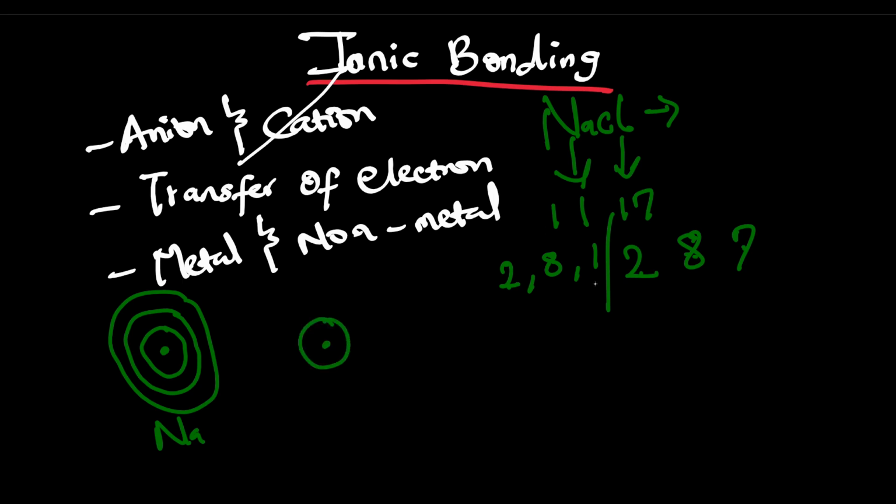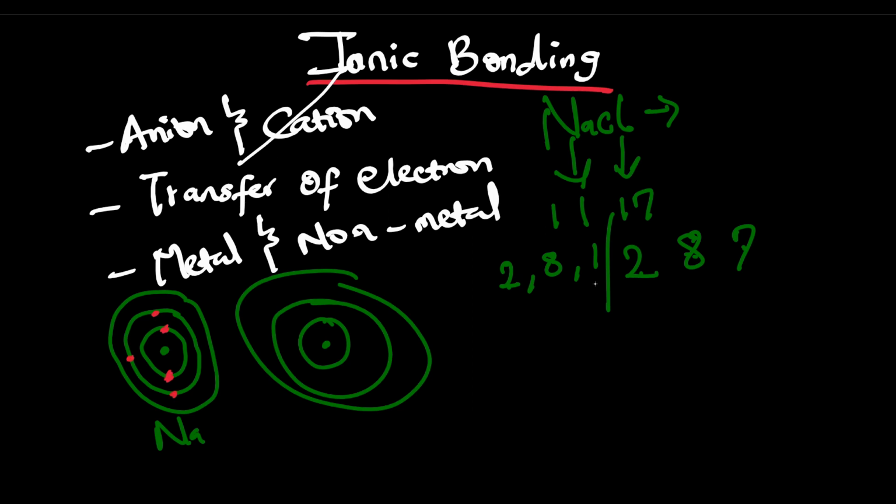All right, that's fine. So this one also has 3 shells. What will we do next? So here we have 2 will be here, 2, 8 will be here, 1, 2, 3, 4, 5, 6, 7, 8.